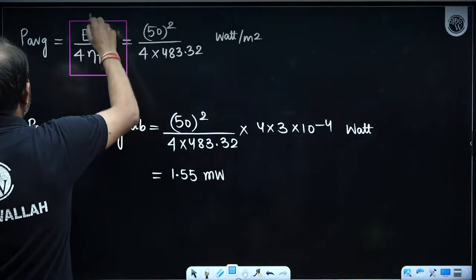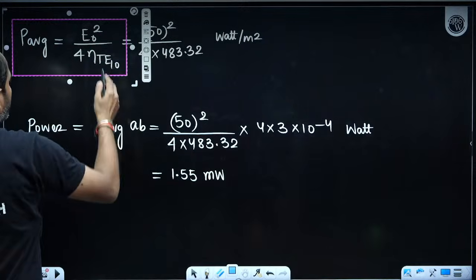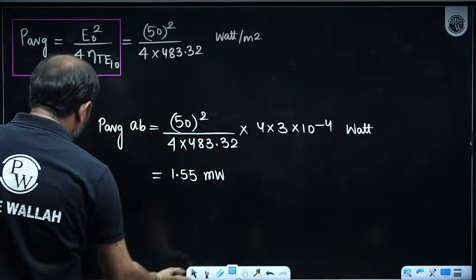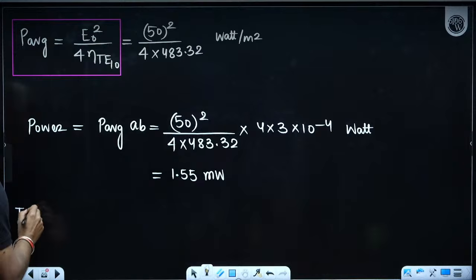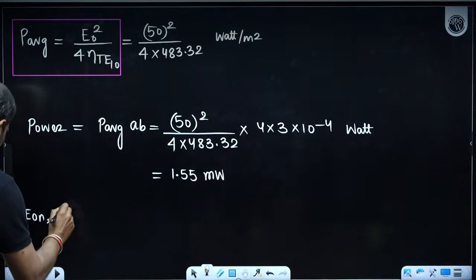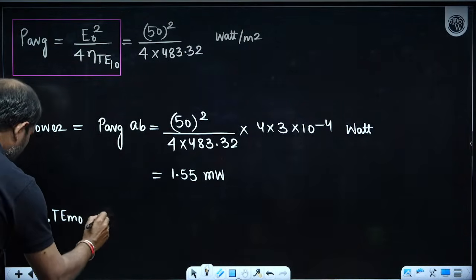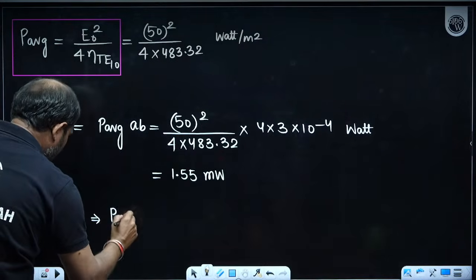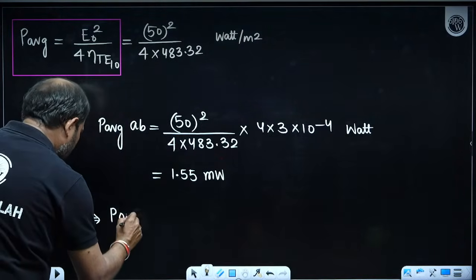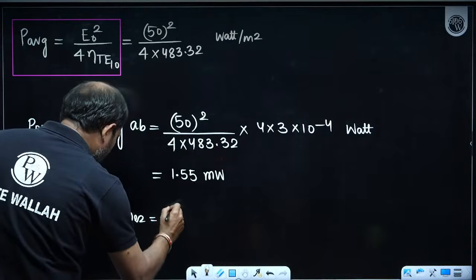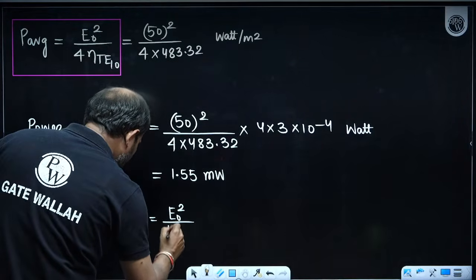So if it is T0N or TEM0 mode, P average is equal to, you can remember this formula, E0 square upon 4 eta TE.